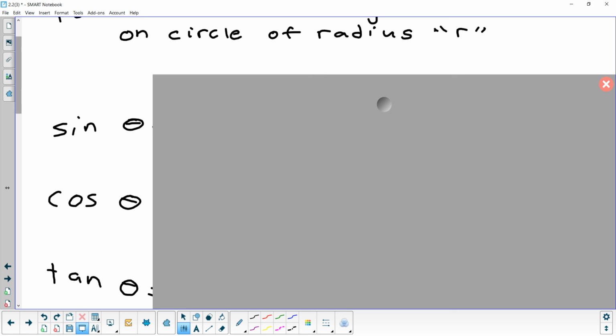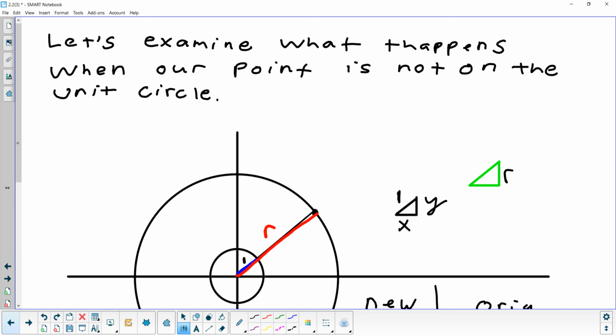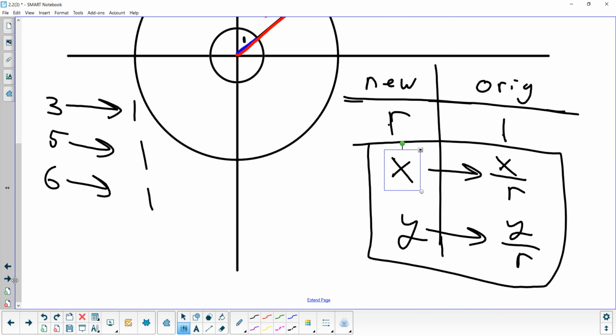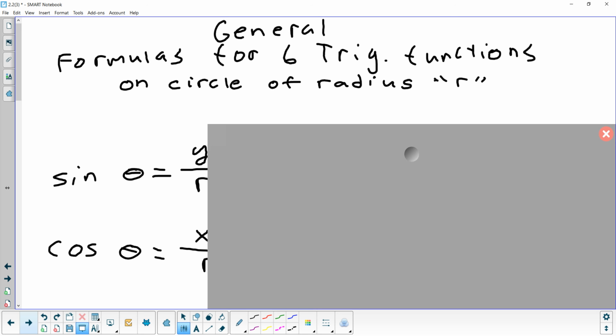Y turns into y divided by r. The y was the new one, but we're trying to change it back to what we had originally by making it smaller. It turns into y divided by r. Okay, x turns into x divided by r.